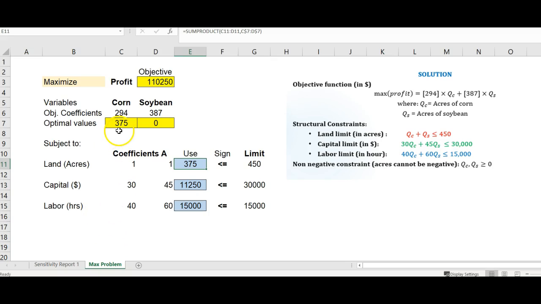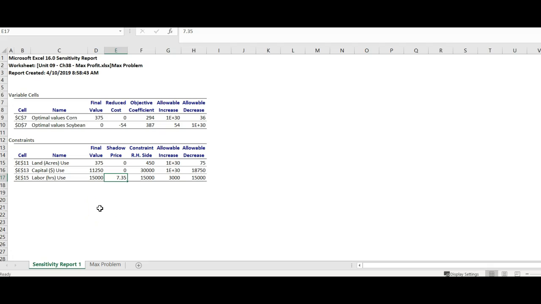Notice that according to the system, it is recommended to only plant corn, and this will provide this potential profit. Notice that here the restriction that was active was the quantity of labor. Notice in the sensitivity report that this is correct, because labor is the only one that has a shadow price.